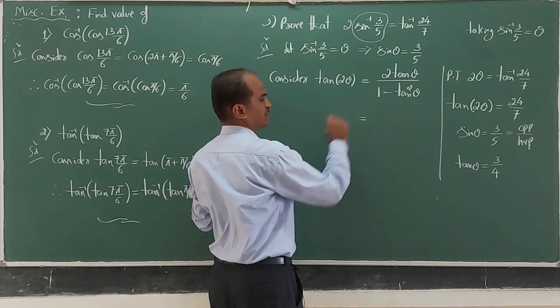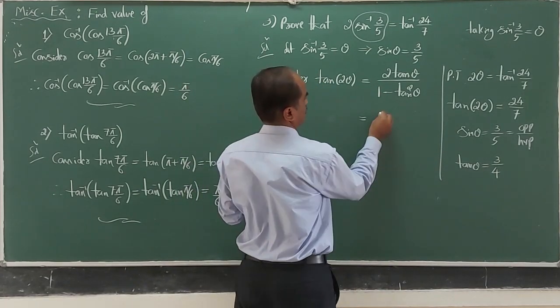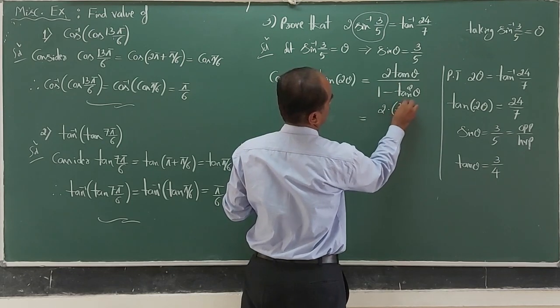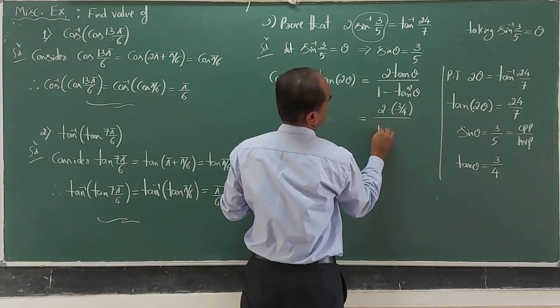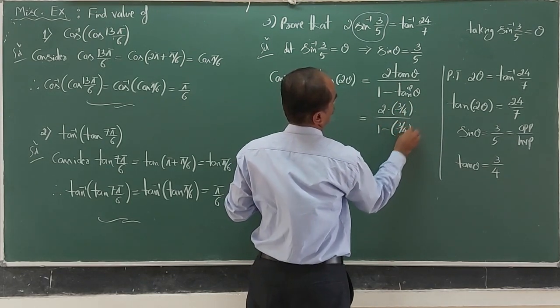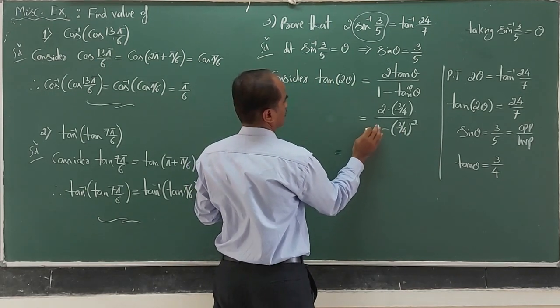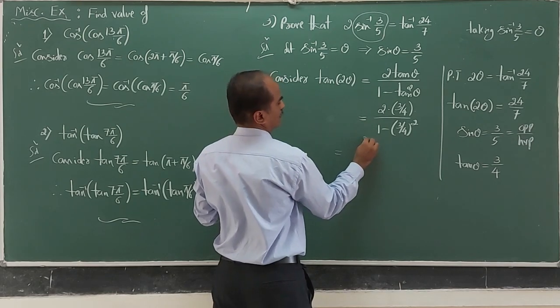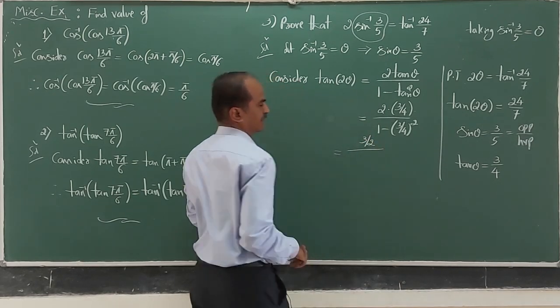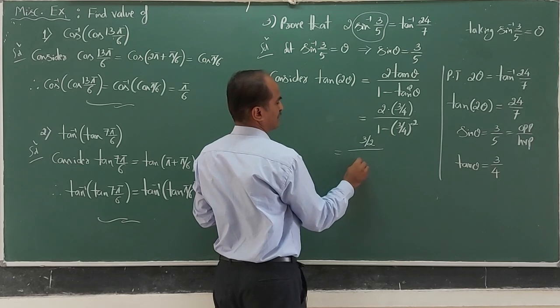Now, let me substitute tan theta equal to 3 by 4. It is 2 into 3 by 4 divided by 1 minus 3 by 4 whole square. 2 into 3 by 4 will give us 3 by 2 divided by 1 minus 9 by 16.